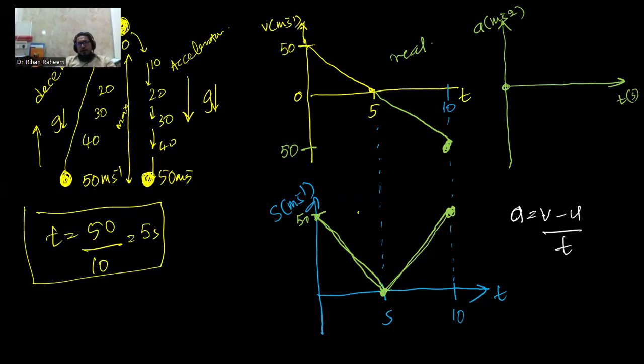Now I'll say this is A, the journey going up, and B, the journey coming down. According to the A journey, acceleration equals final velocity 0 minus initial velocity 50, divided by the time taken, which is 5 seconds. 0 minus 50 is minus 50, and minus 50 divided by 5 is minus 10.